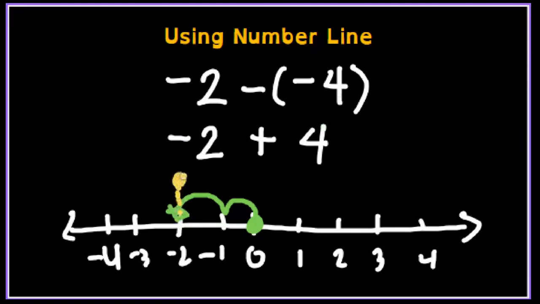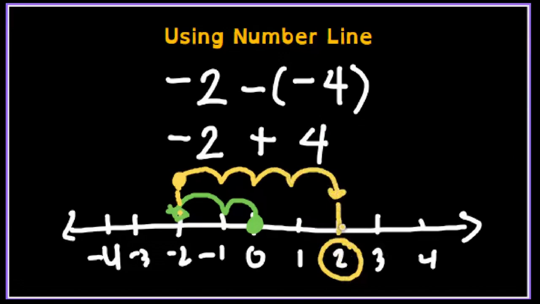Okay, move tayo. 1, 2, 3, and 4. Okay? So, saan siya natapos? Natapos tayo kay positive 2. So, kay positive 2 tayo natapos. Therefore, ang sagot dito, negative 2 plus 4 is positive 2. Okay?